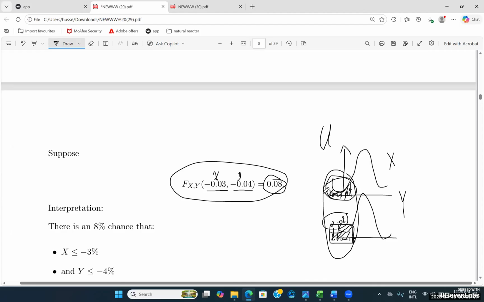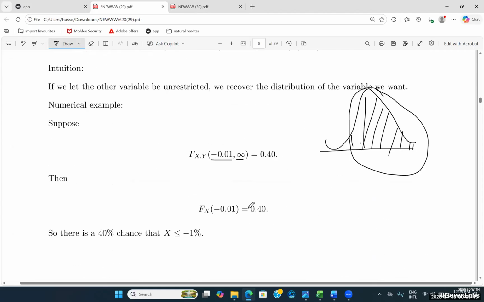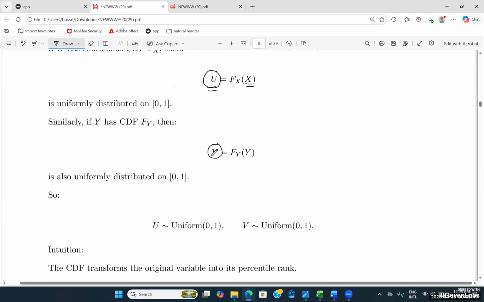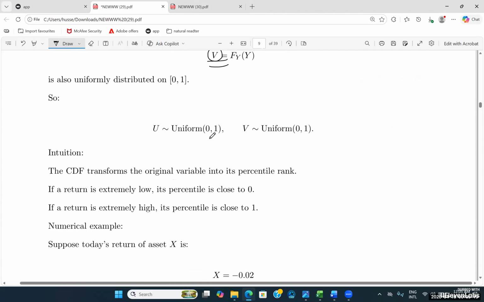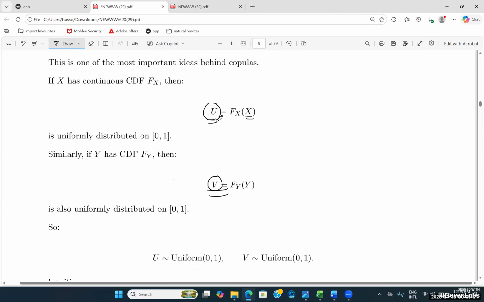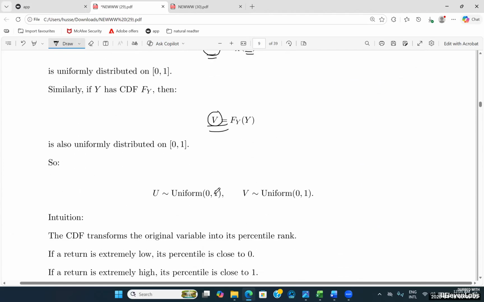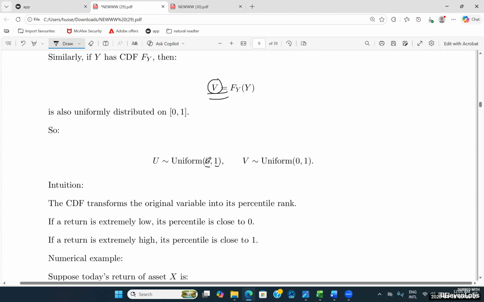Therefore, the area here corresponding to x is designated as u, and the accumulated probability or this specific area is referred to as v. It's important to remember this as you'll be using these concepts quite frequently. And of course, because it's a probability or accumulated probability, it shouldn't exceed 1 and can't be less than 0. So it should be between 0 and 1.